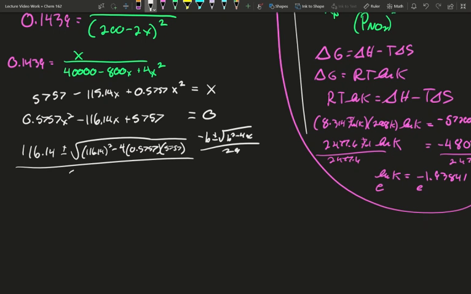All that divided by 2 times 0.5757. It's going to give us a plus and a minus option. Our positive option is going to be 114.07. Our minus option is going to be 87.66. Only one of these will make chemical sense.